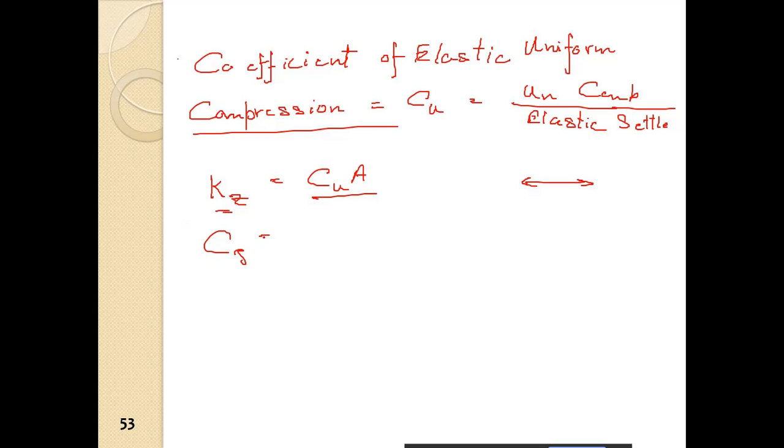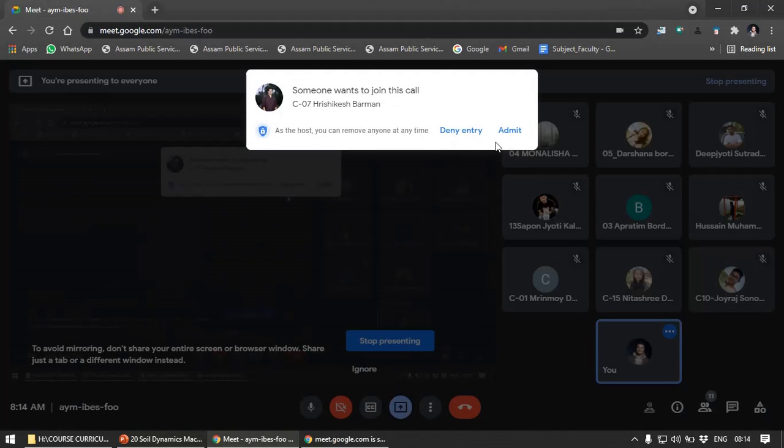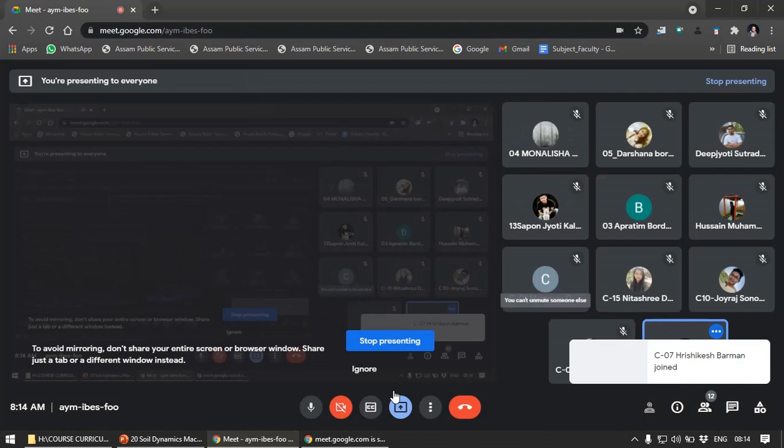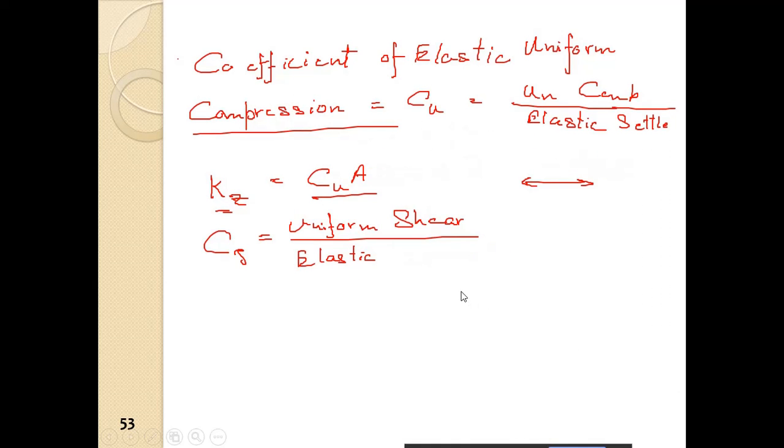That is the uniform shear divided by the elastic shear strain, or elastic shear displacement.